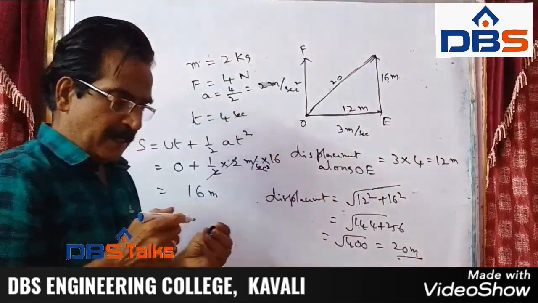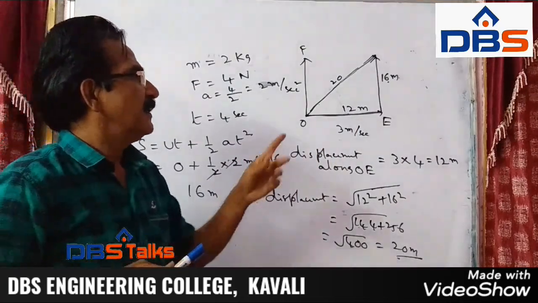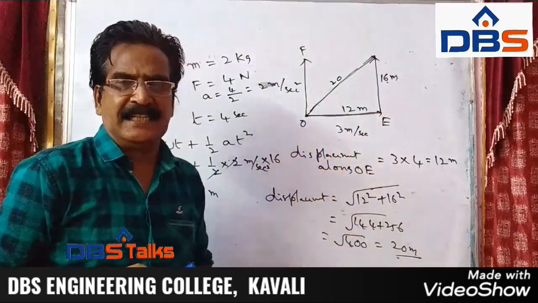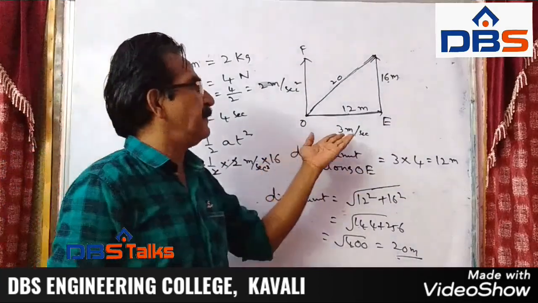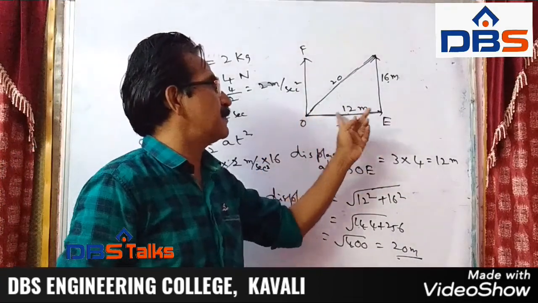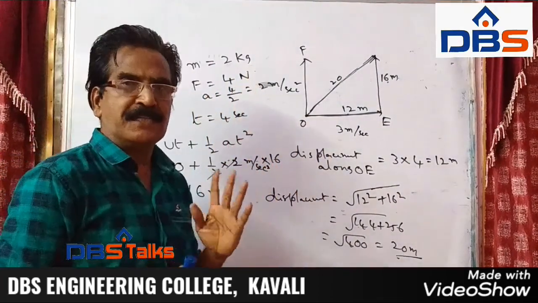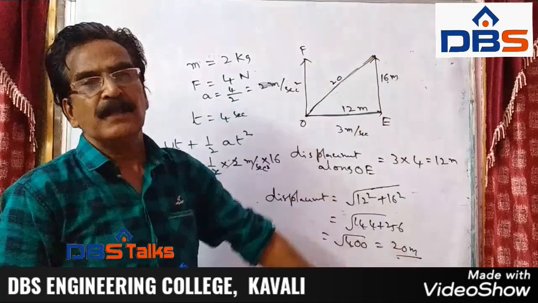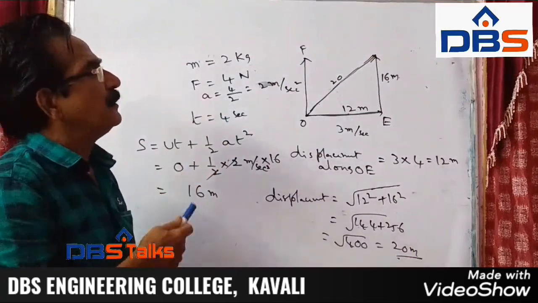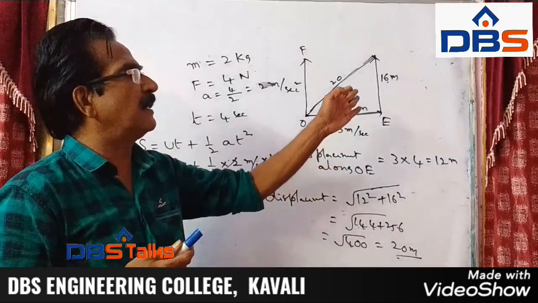So along OE the displacement is 12 meters. Here there is no acceleration, just displacement is equal to u into t. u is 3 meters per second, t is 4 seconds, displacement is 12 meters. After that a 4 newtons force is applied perpendicular to OE. So the body travels 16 meters in that direction.